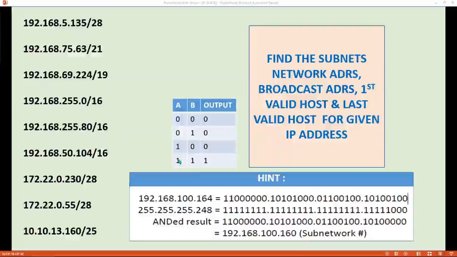Okay. So think like it's a times table. 1 times 1 is 1. Then 1 times 0 or 0 times 0 or 0 times 1, everything is going to give you 0. Just simply remember, if all are 1s in an AND gate, the answer would be 1. Otherwise, for any other combination, the answer is going to be 0.